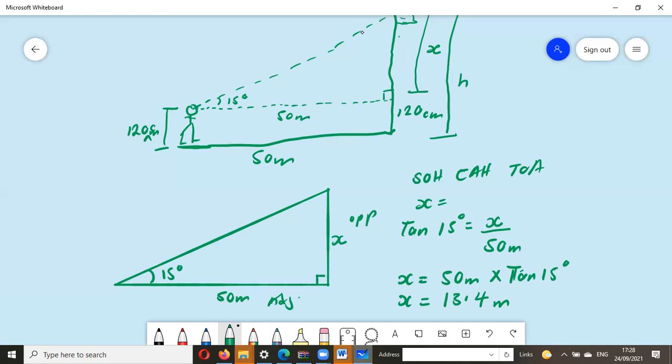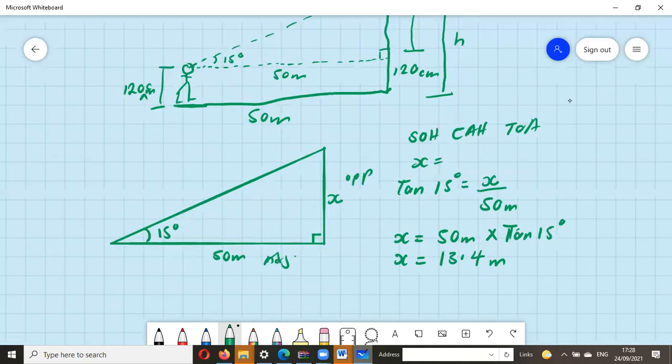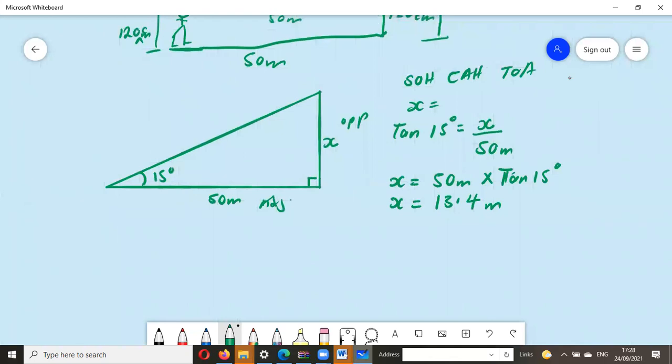But remember, the boy was 120 centimeters, not meters. That means you are going to convert from meters to centimeters, isn't it? To convert meters to centimeters, 1 meter is equal to what?